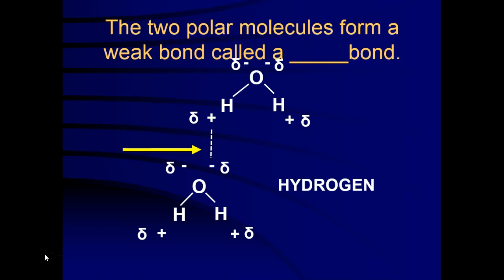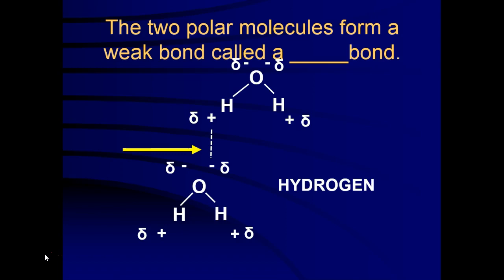So in this case, our hydrogen bond is the weakest of the three major bonds. In fact, it is only 1/20th of the strength of a covalent bond. So this one is much easier to break than we might have with an ionic bond or a covalent bond.